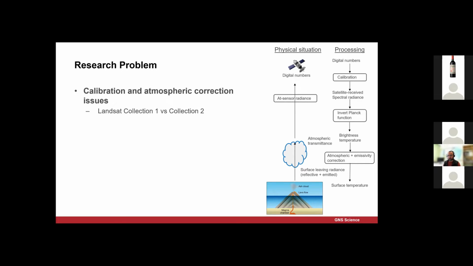They have improved their processes a lot over the period of time. This Collection 2 data has been recently available since the start of Landsat 9. And there has been a significant improvement in the data as well as the surface temperatures they are providing as part of the Level 2 of the Collection 2 products.